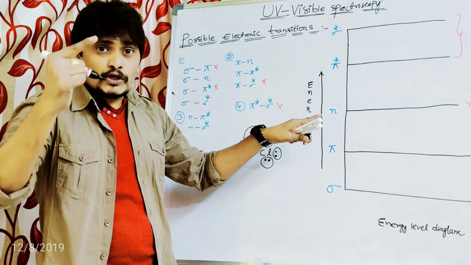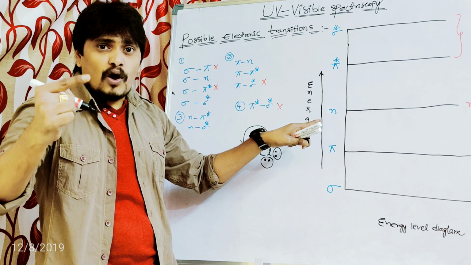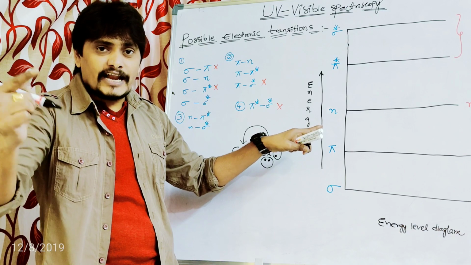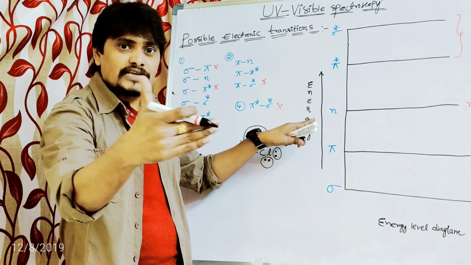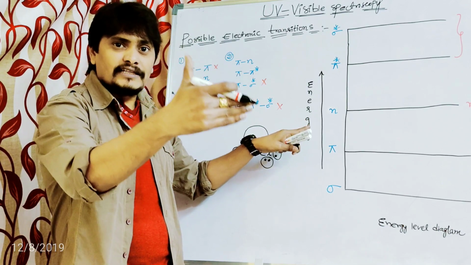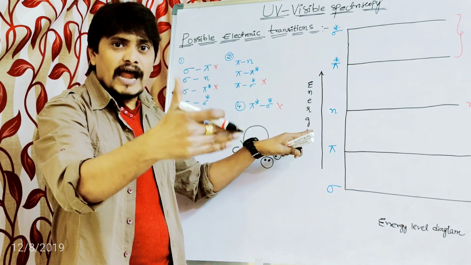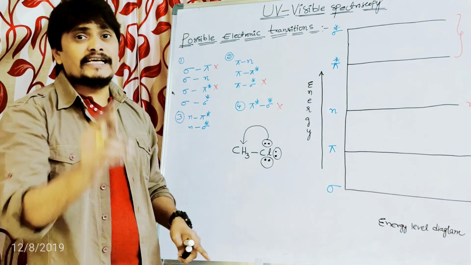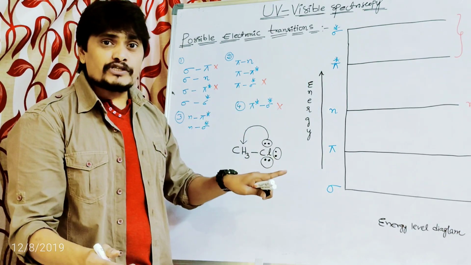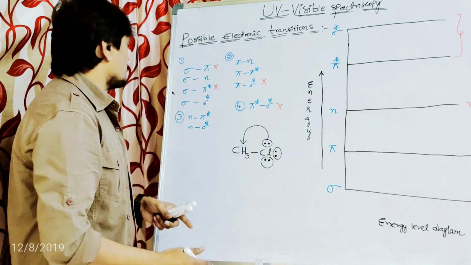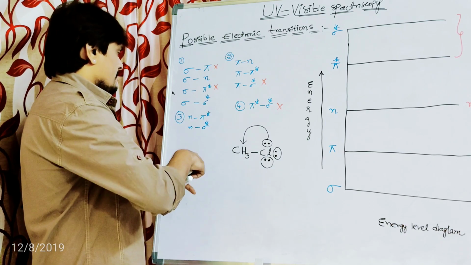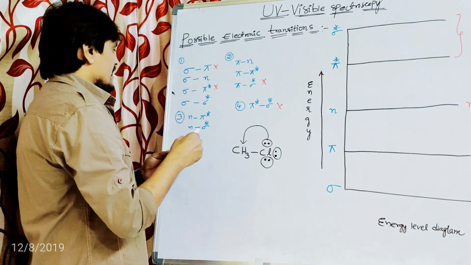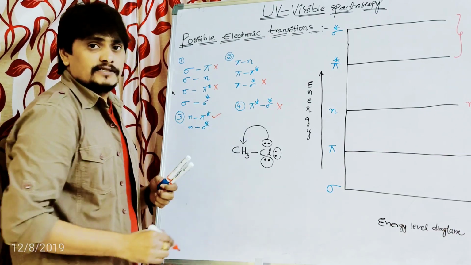The non-bonding pairs of electrons are free, so they will donate their electrons either to the sigma star molecular orbital of the adjacent atom or the pi star anti-bonding molecular orbital of the adjacent atom. That is, n to pi star is possible and n to sigma star is possible. So accordingly, n to pi star is possible, students. Why?